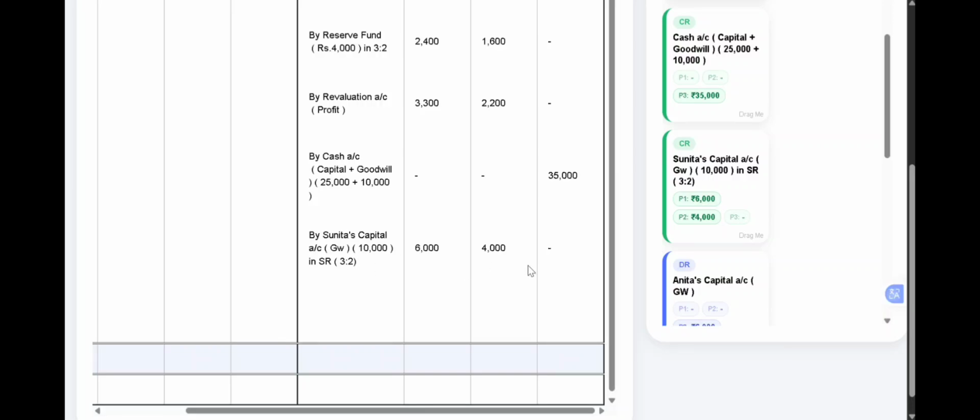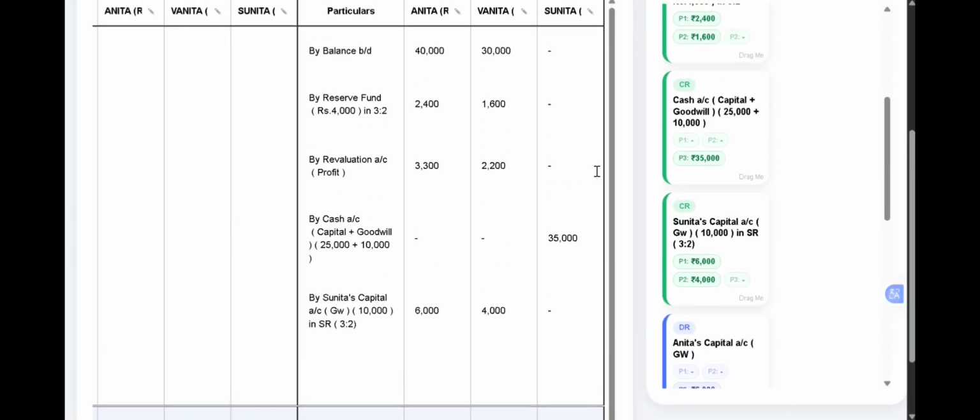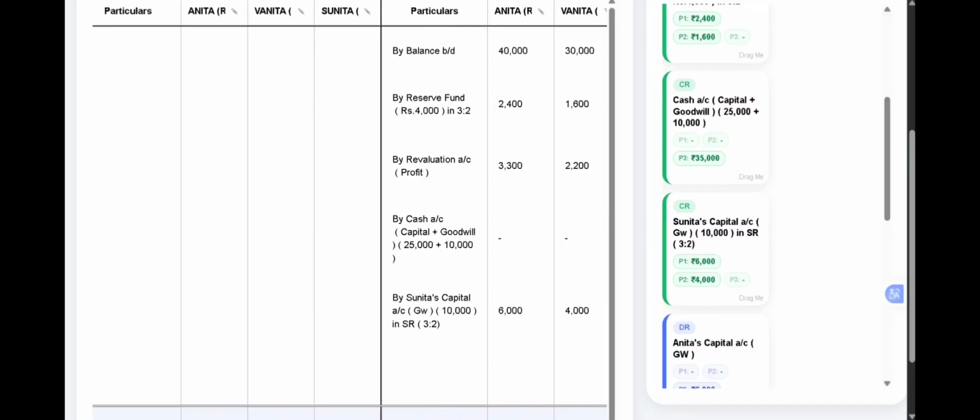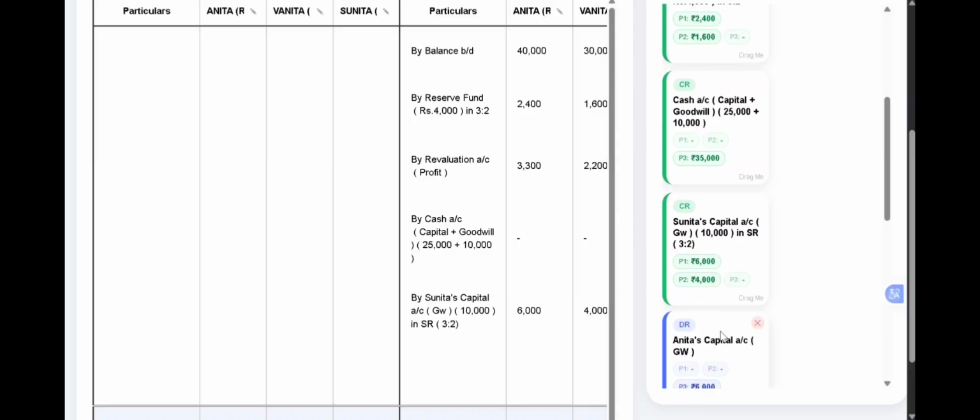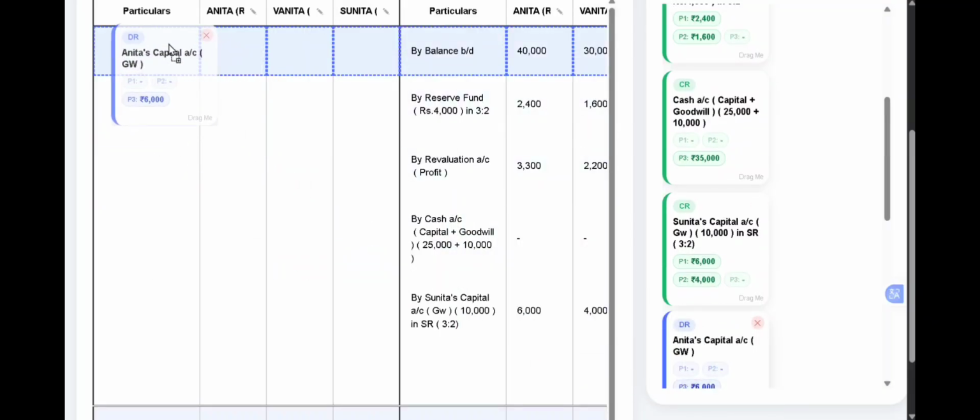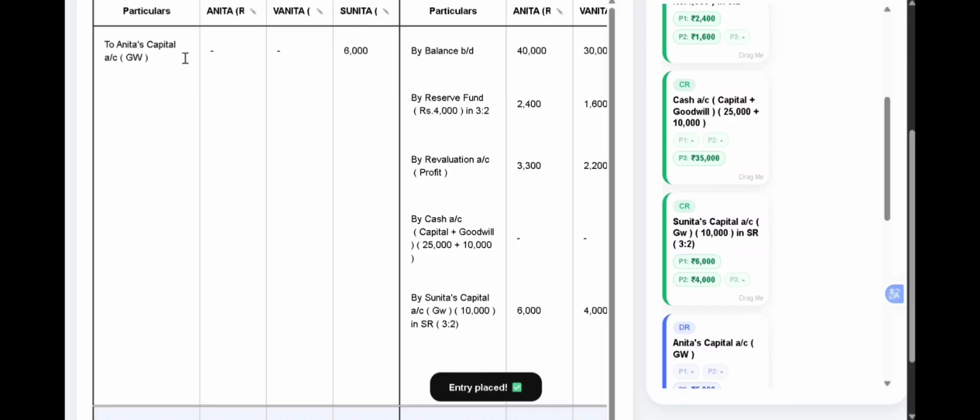be given to Vanita. Now since we are taking it from the new partner Sunita's account, his capital amount will decrease. So we have to reduce that amount, showing the entry on the debit side. So here Sunita is giving to Anita, it will appear on the debit side. To Anita's capital account, goodwill given by Sunita, 6,000.